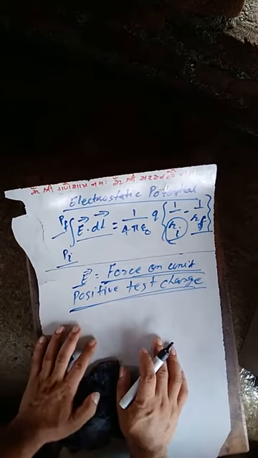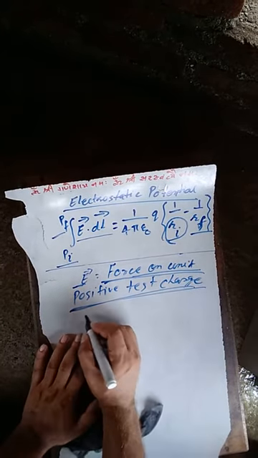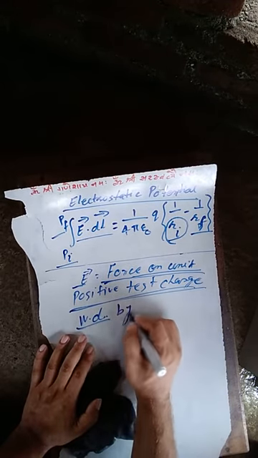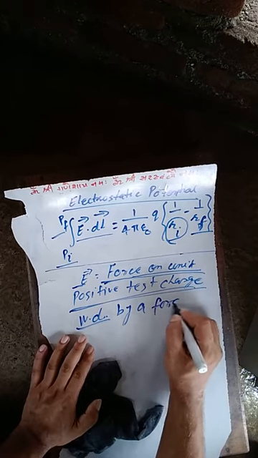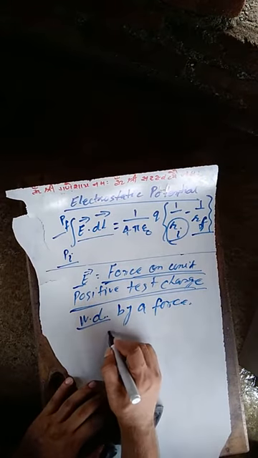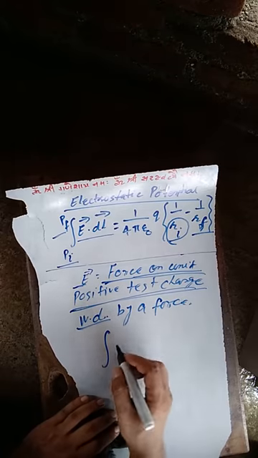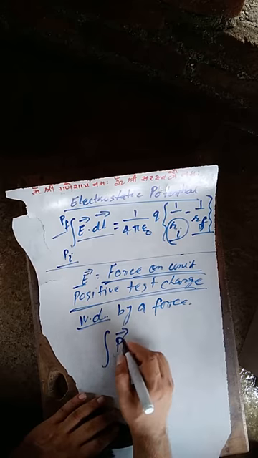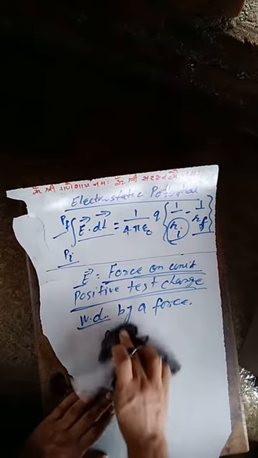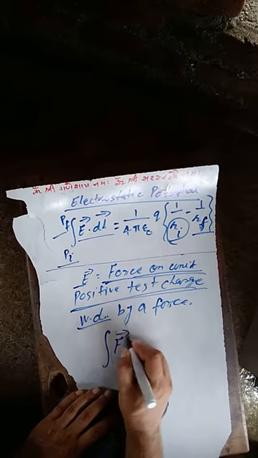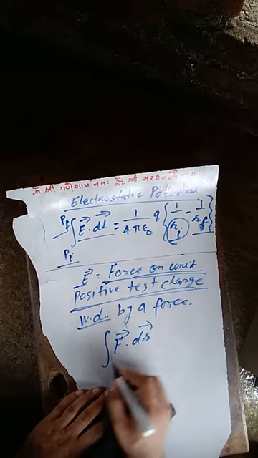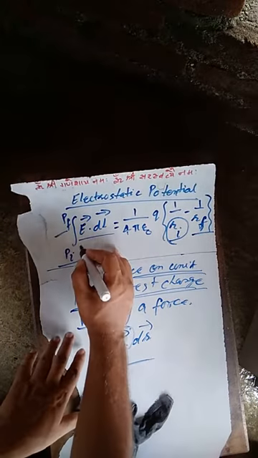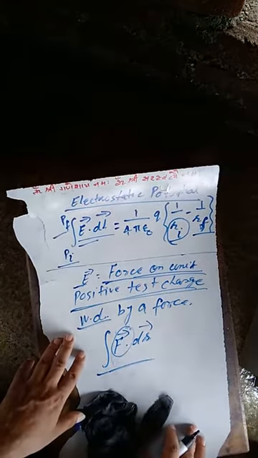And you know that work done by a force, the formula is vector F dot dr, is your work done by the force F. So this is actually work done by the electric field.